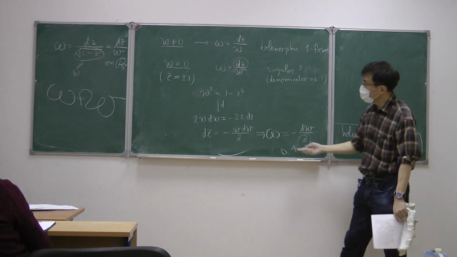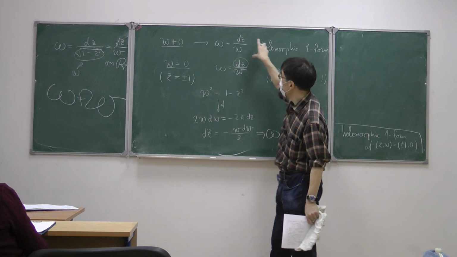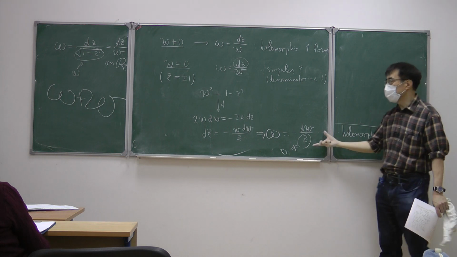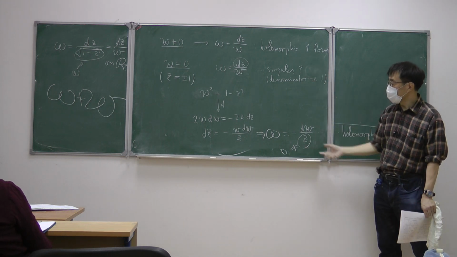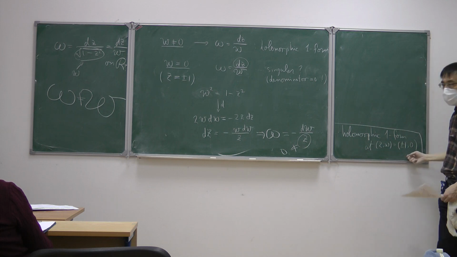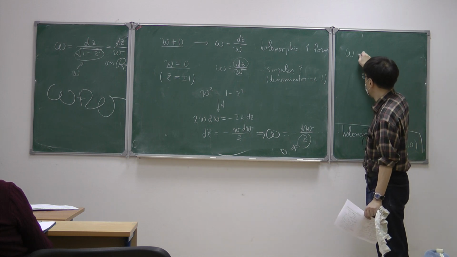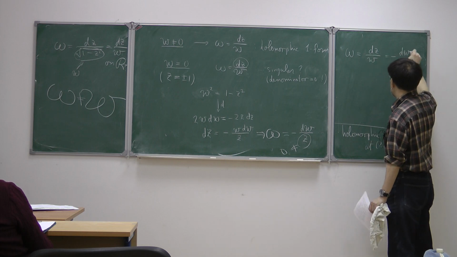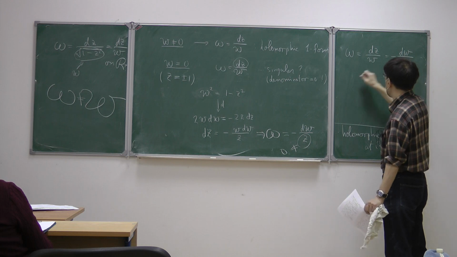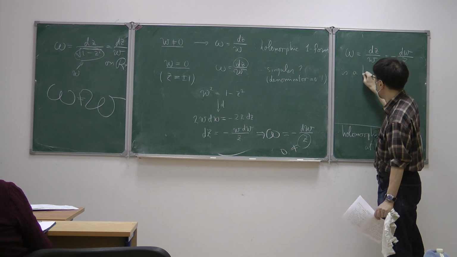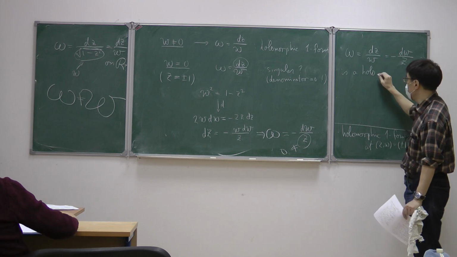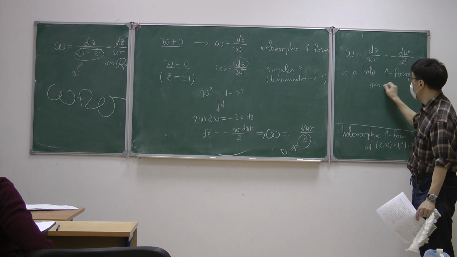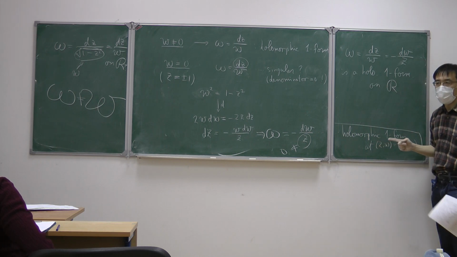Namely, except these points, we already have a holomorphic form, and we can extend this holomorphically even to those points. So this expression defines a holomorphic one-form on the whole Riemann surface R.